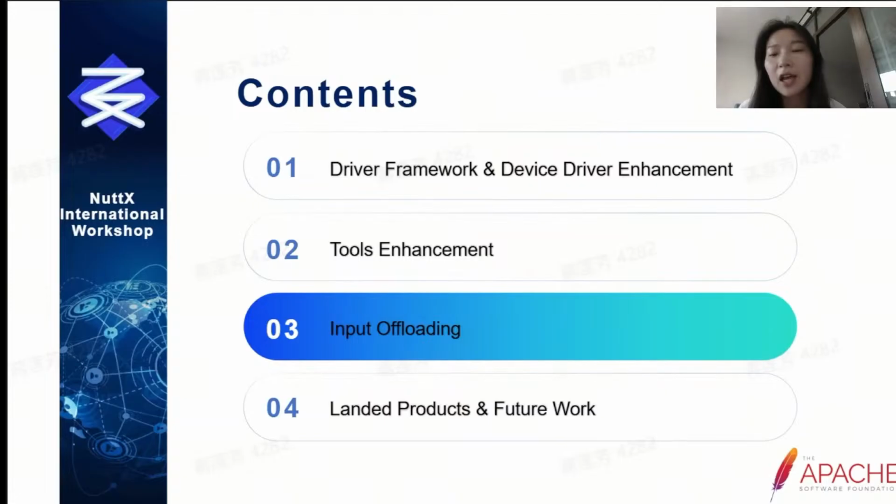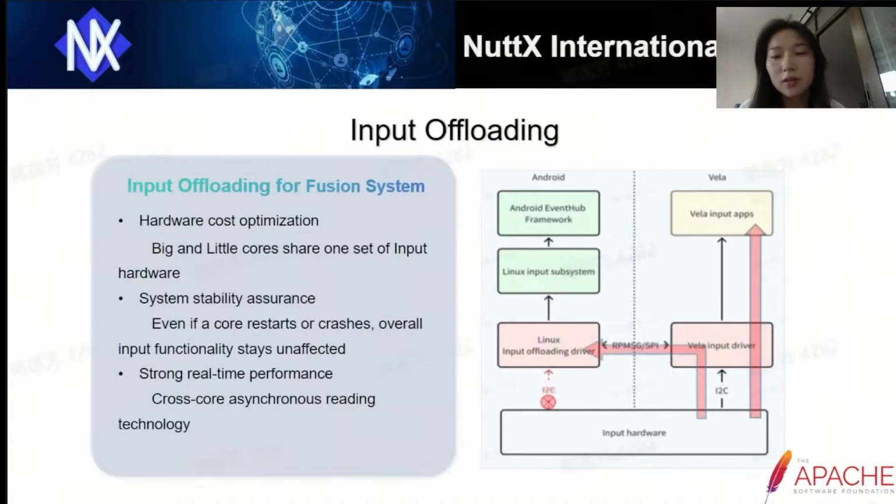Next, I'd like to talk about the work we've done in input offloading. On a heterogeneous multiprocessor OS, we let the big and little cores share one input hardware set. The little core handles the input hardware. It sends and syncs data to the big core, and the big core turns that data into a compatible format.